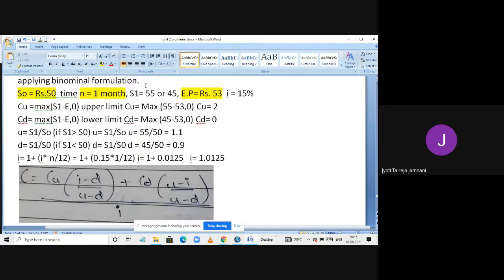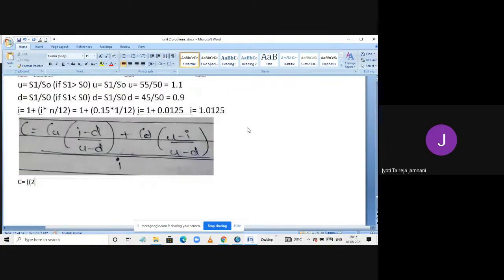CU is 2 rupees. So 2, then into, again a bracket in which we have to do division. So I'll put one more bracket. I minus D. You can write it in this way only, like this formula, because you're writing in books; I'm typing it, so it's not possible.